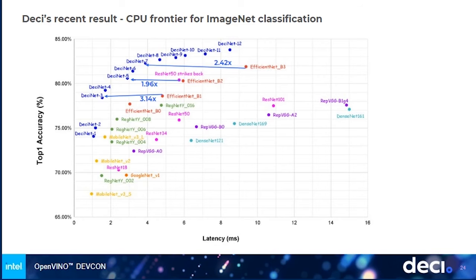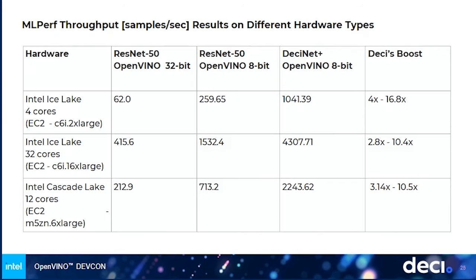We submitted these models into what's called the offline scenario, which is to optimize throughput in the case of image classification. We tested our models on 3 different CPUs, Intel Ice Lake and Intel Cascade Lake with different cores.